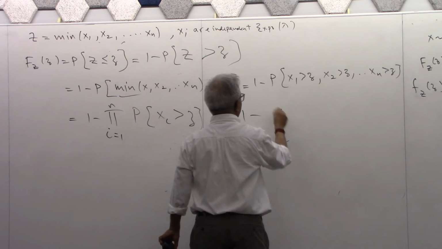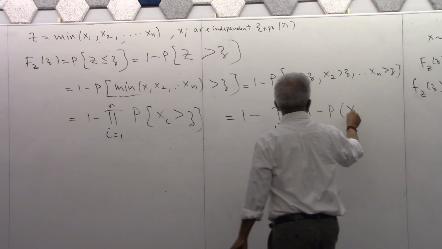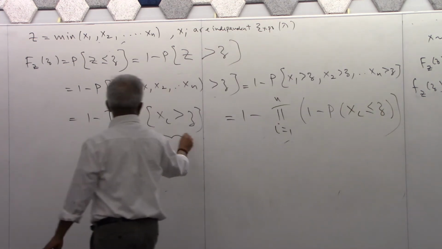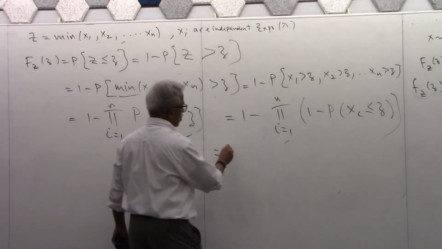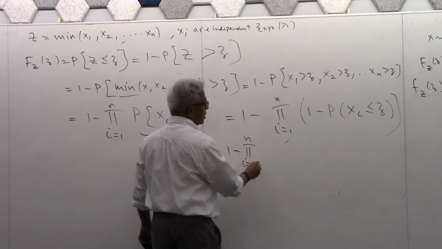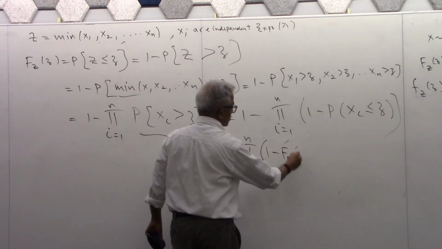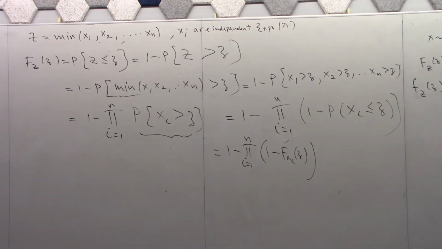But that's the same as the product for i equal to 1 through n of 1 minus the probability of Xi less than or equal to z, because the probability of Xi greater than z is 1 minus F_Xi. So 1 minus F_Xi is just this for exponential.